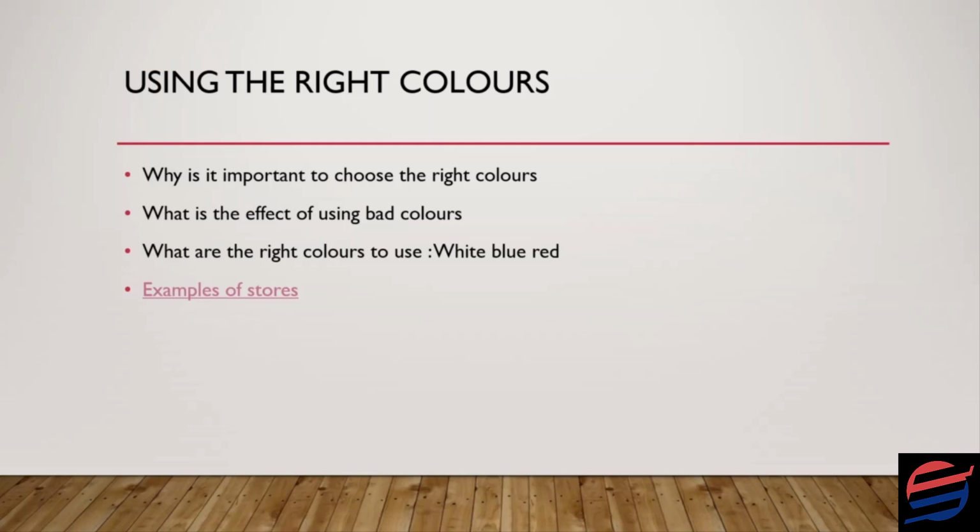If you have a store that is about fitness or gym, you want to use more dark colors. You want to have white, but also black, gray, red, colors that represent more the gym or any fighting sport. Once again, it all depends on the type of store that you have.